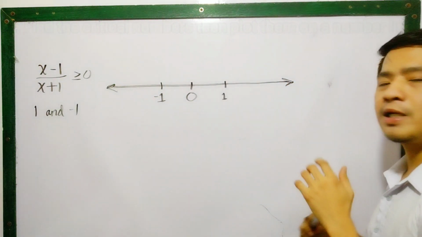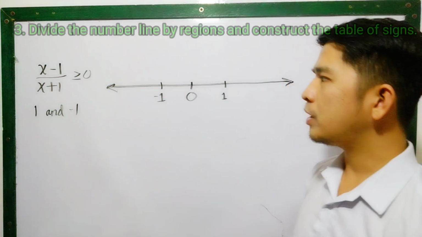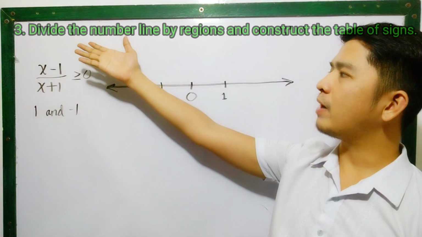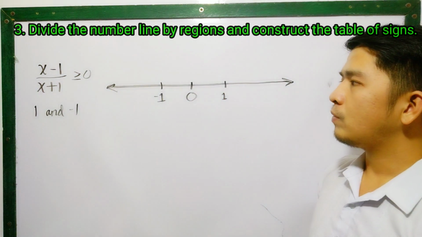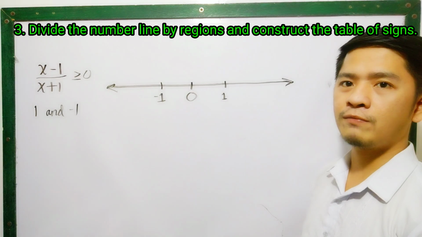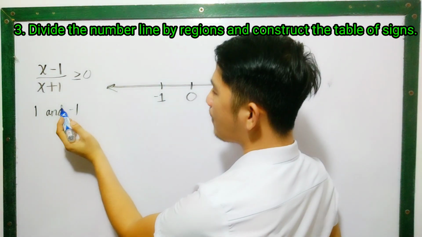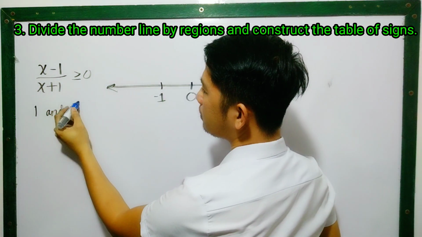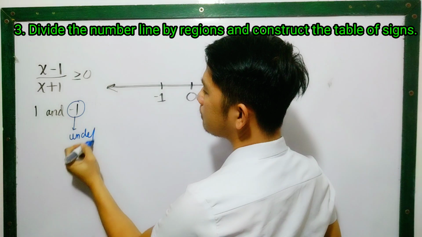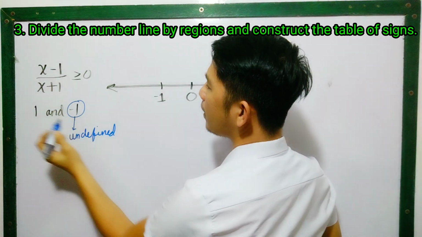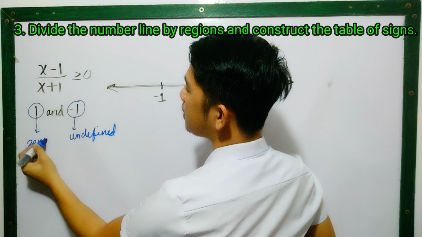So, after plotting these critical numbers on a number line, okay, step number 3, we will divide the number line by regions, and then we will construct the table of signs. Titingnan nyo kung nasaan yung mga critical number. Kapag ka ang x mo ay negative 1, ito ay magiging undefined. Kapag ka ang x mo ay positive 1, magiging 0.